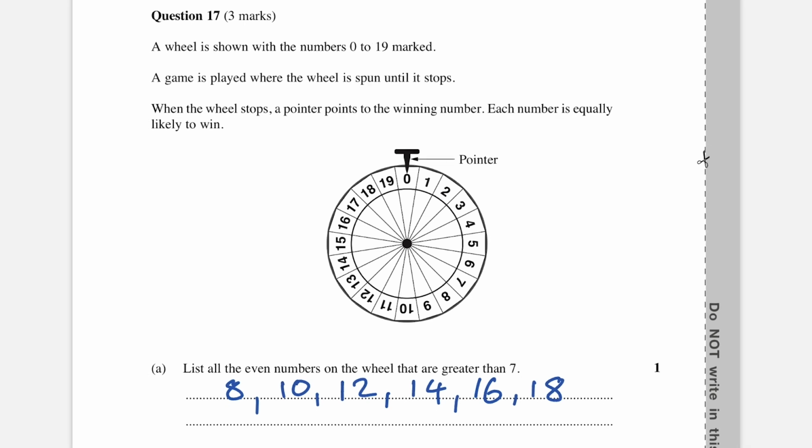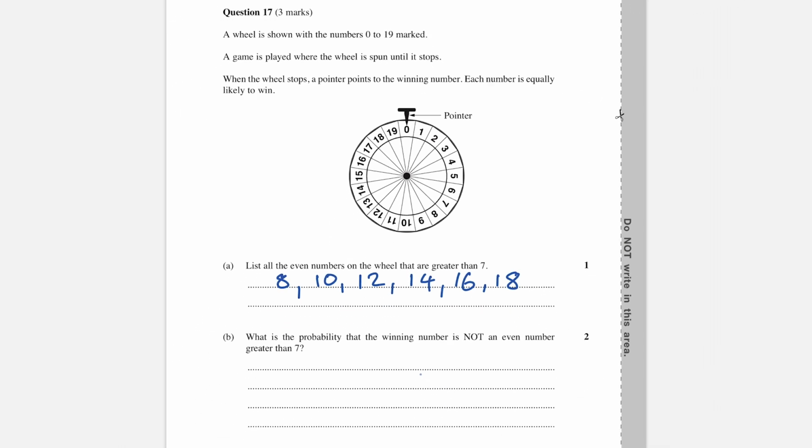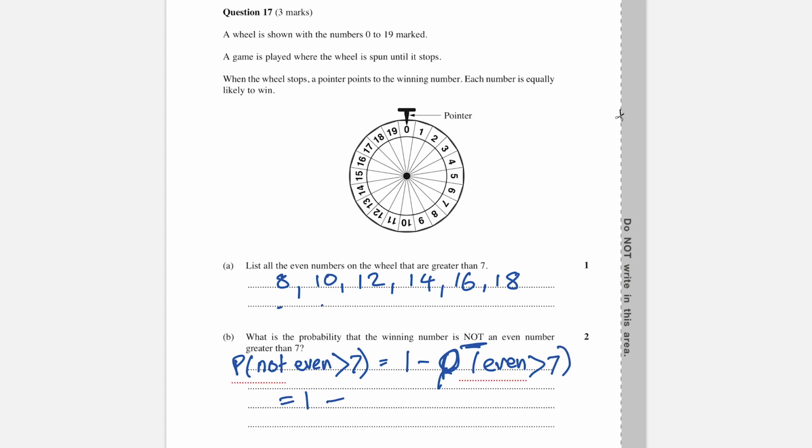What is the probability that the winning number is not an even number greater than 7? Okay, so the probability of not an even greater than 7 is 1 take away the probability of an even greater than 7, which is equal to 1 minus, and how many numbers do we have here? 1, 2, 3, 4, 5, 6.